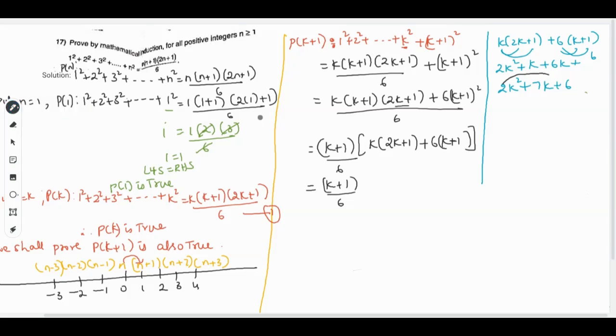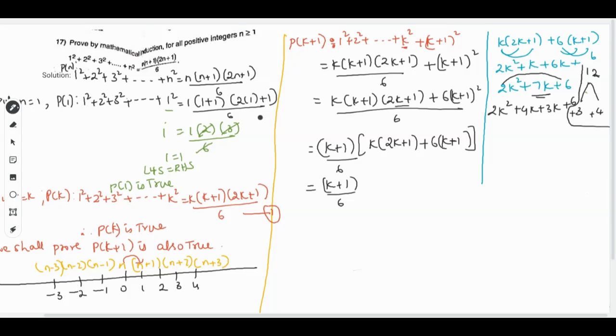We need to multiply the first and the last numbers. 6 2s are 12. We should find the factors for 12. It will be 3 4s are 12. So we will take this as 2k square, and in place of 7k we will write plus 3k and plus 4k, then plus 3k plus 6.